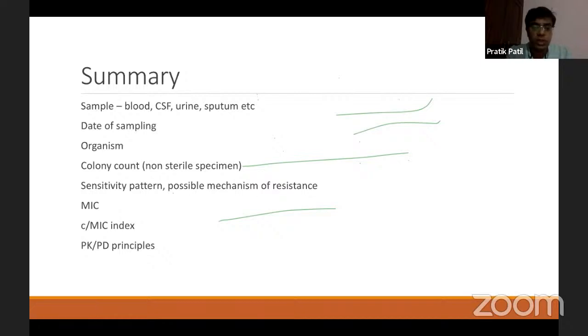Like we discussed in a case with ceftriaxone and piperacillin tazobactam, all these PK/PD principles have to be considered, and then only you can choose the right drug so that the outcomes are better.